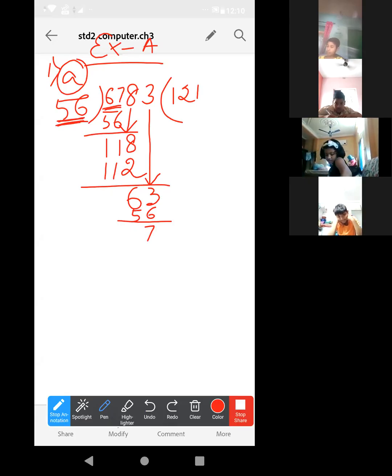Now this 7 is less than 56. So we should stop here. This is the remainder. So look at this, and this one, 121. Nusaiba, look at this very carefully. This 121 will be the quotient.